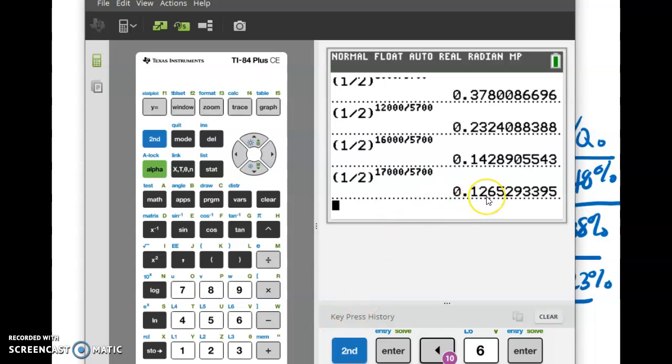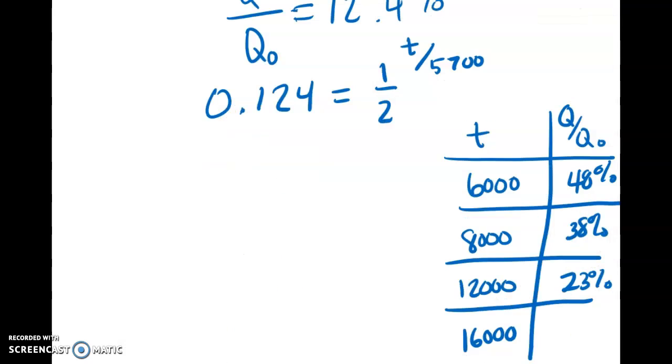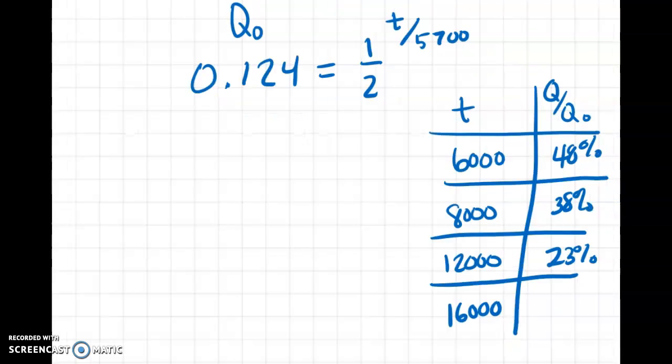All right, there I've got 12.7%. I can't get any closer because I'm rounding to the thousand, so it has to be between these two. If I go another 18,000, this number is going to be smaller and would not fit. So my answer I would choose 17,000.